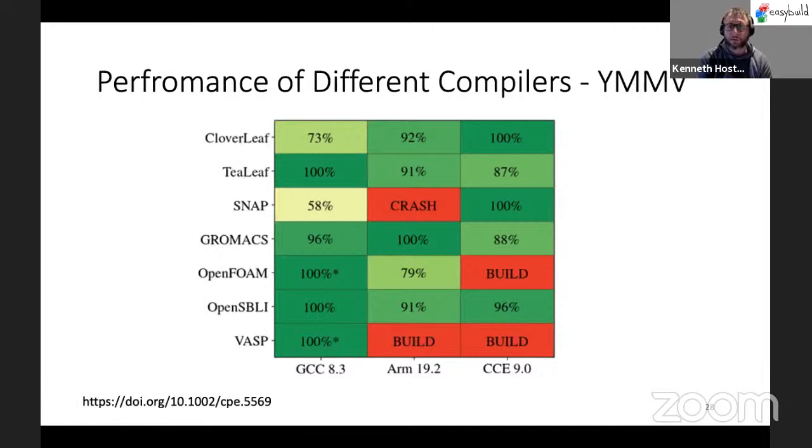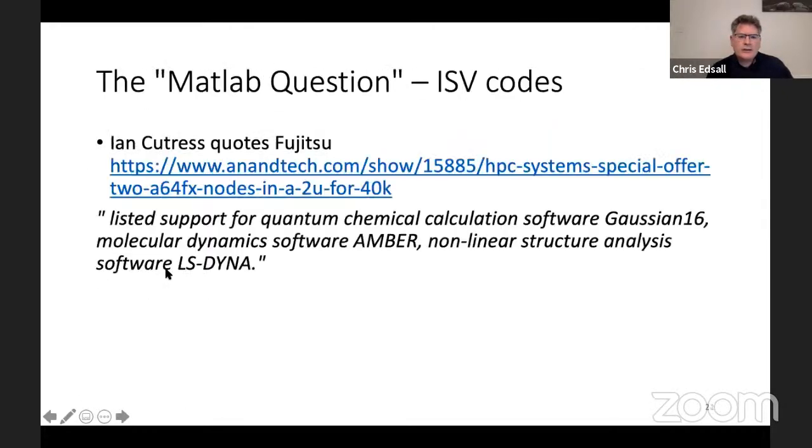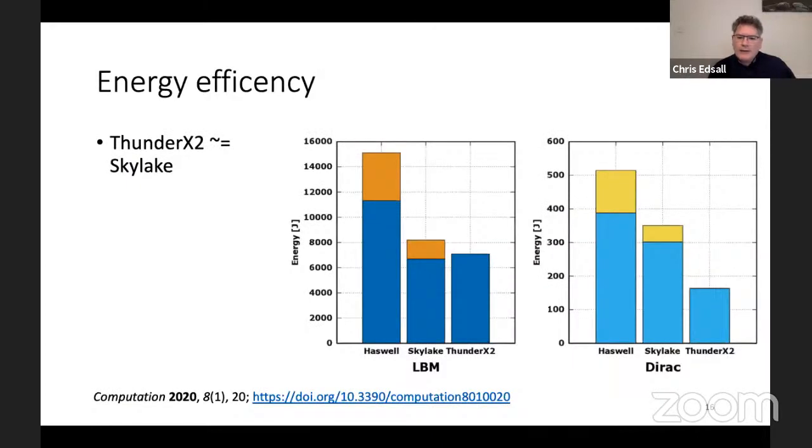Yeah, so socket for socket or node for node, all of the benchmarking we've been doing on Isambard 1 and the Catalyst have been on the Marvell ThunderX2 chips, like the graph I showed for the energy. They are pretty much ballpark the same as Skylake. They came out at about the same time, so they're about equivalent performance.